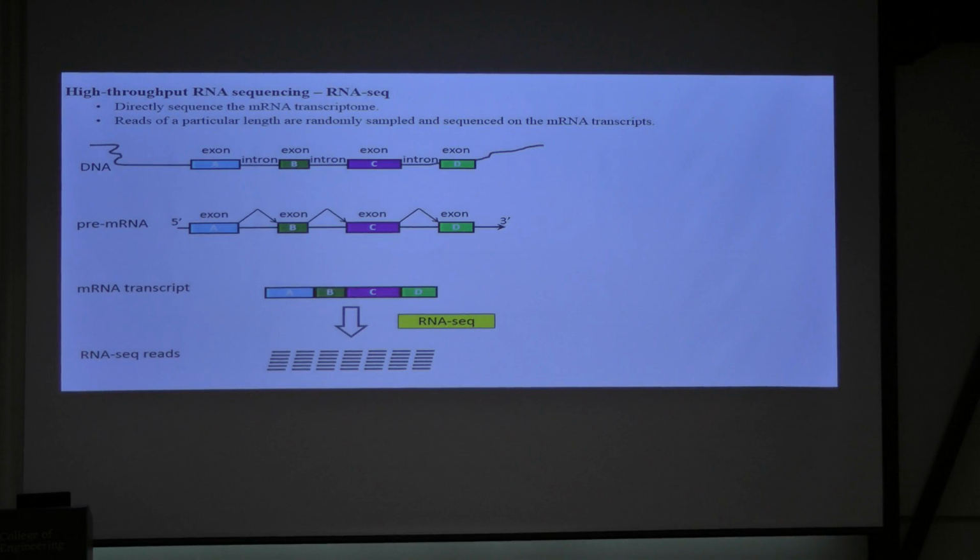Like a mutation in cancer could change the functionality of a protein just by mutating a particular base. So this whole thing is called the central dogma of biology: from DNA to mRNA to protein.